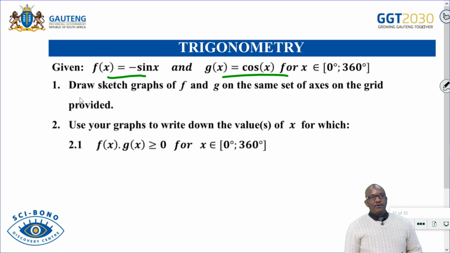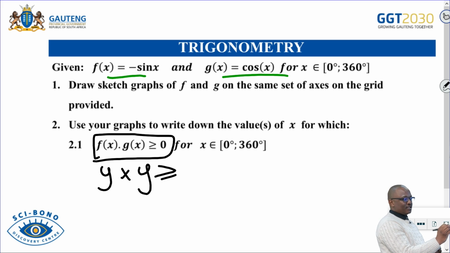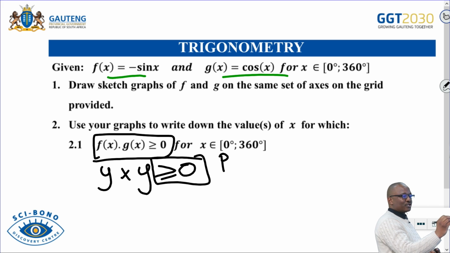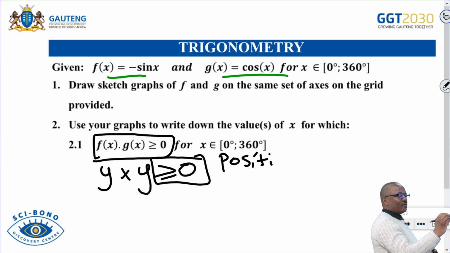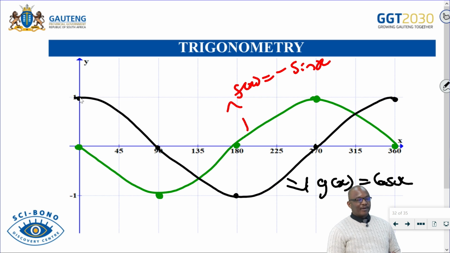So now you answer the very same question here, where they are saying the y values of f multiplied by the y values of g are greater than or equal to 0. Automatically, they are talking about positive values of y when you multiply them.